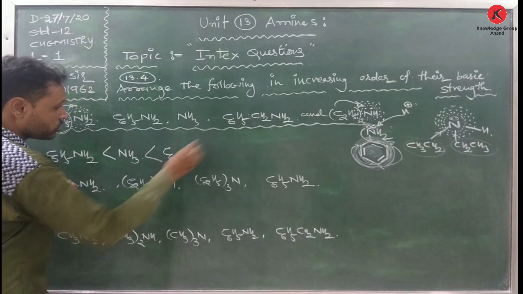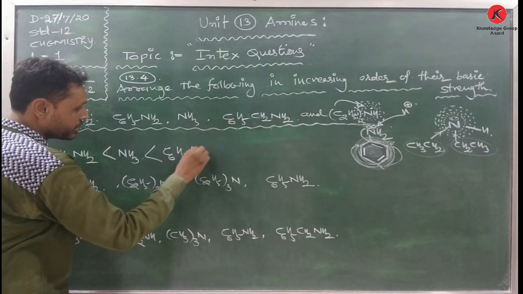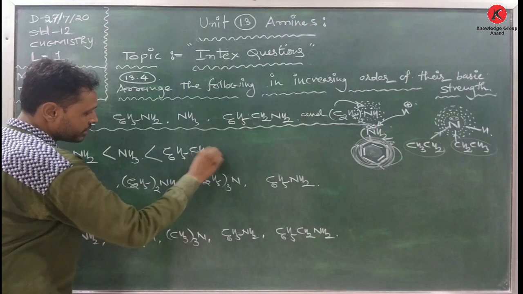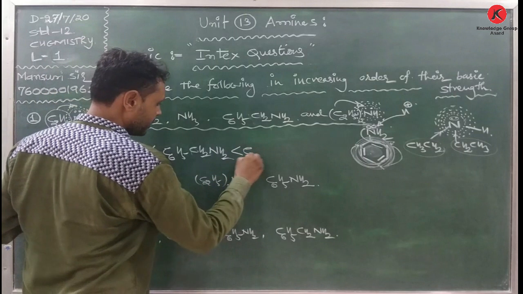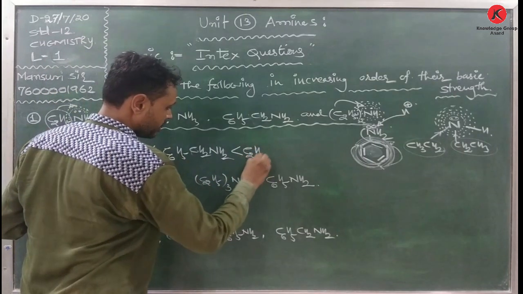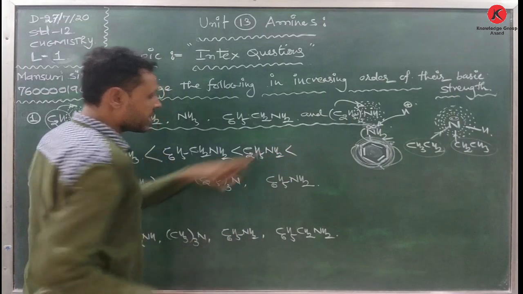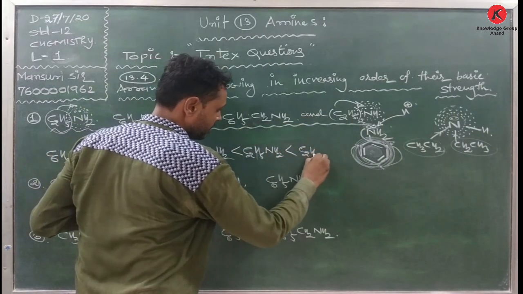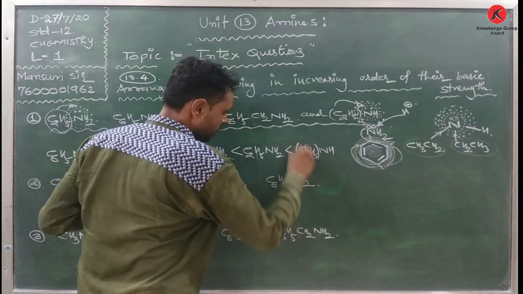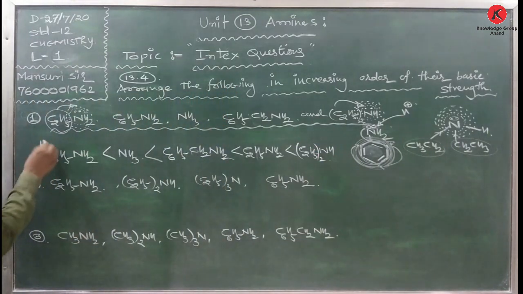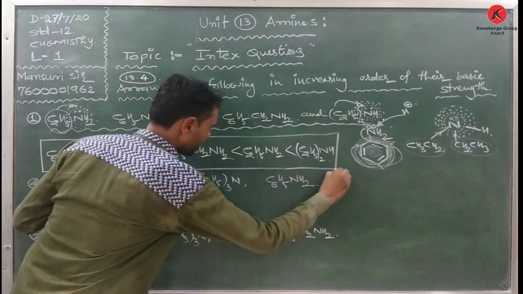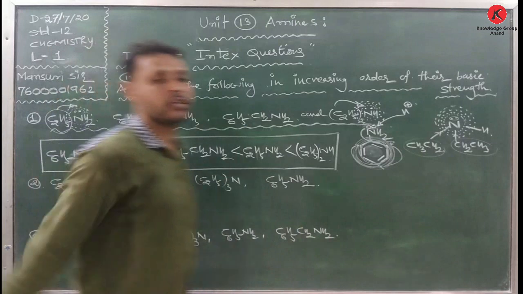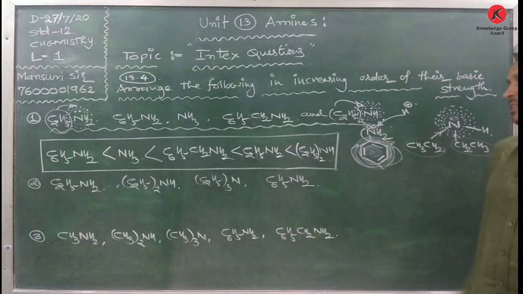So we have to take C6H5NH2, then C6H5CH2NH2 in this manner. Thereafter ethyl amine, thereafter diethyl amine. So this is the increasing order of basicity of these amine compounds.